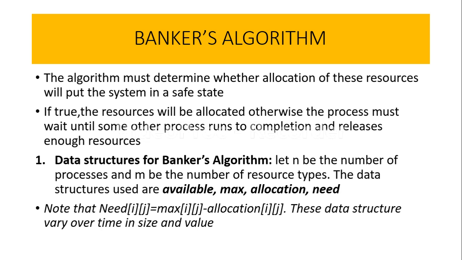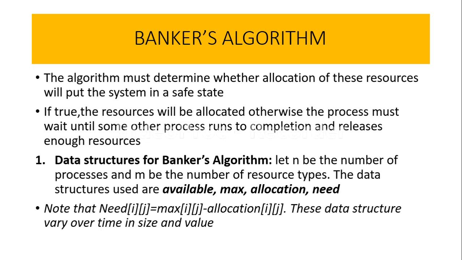Then comes allocation. Allocation defines the number of resources of each type which have been allocated to each process. And lastly, need. Need is a matrix indicating the remaining resources required by each process.